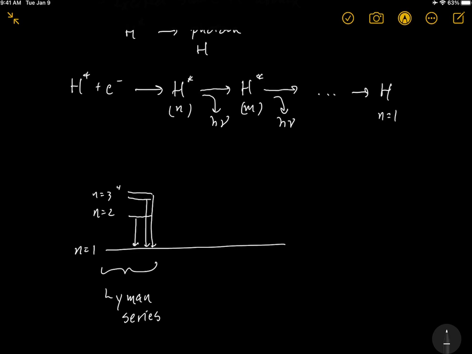Basically it has to do with emission, where the final state is n equals 1. The final state of the transition. So a transition between two energy levels where the upper level is n equals 2 or higher, and the lower level is n equals 1.